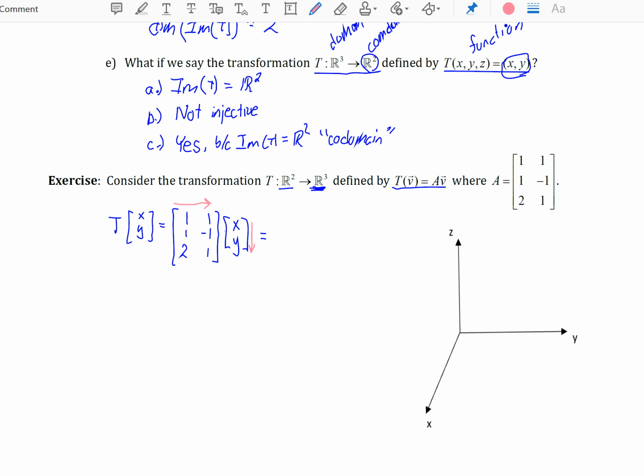Notice this would be x times 1 and y times 1, so x plus y. If I multiply the next row times this column, I'll get x minus y. And the next row times this column gives 2x plus y.